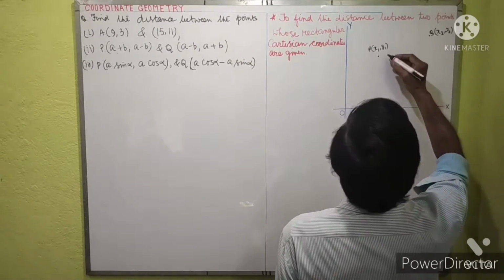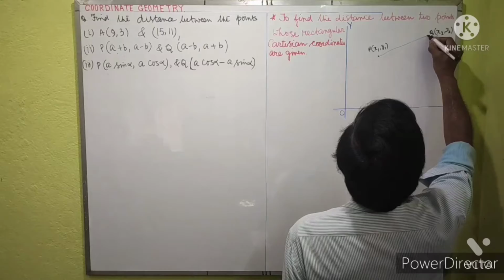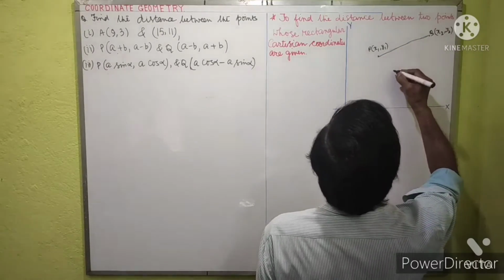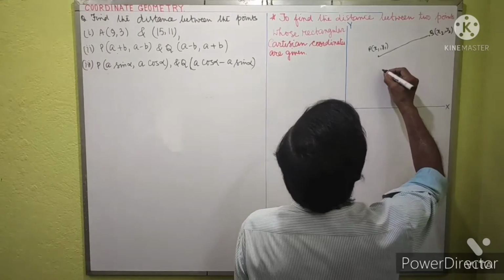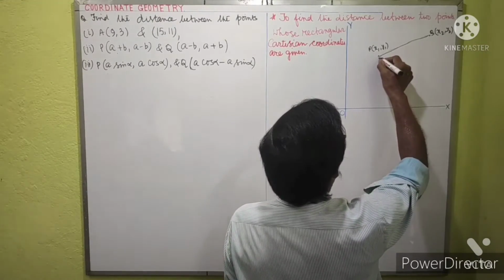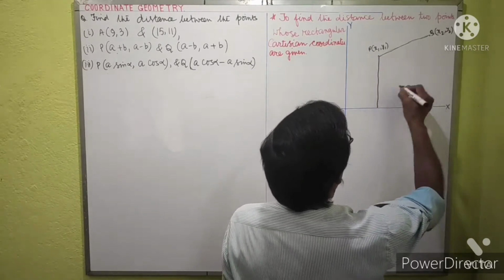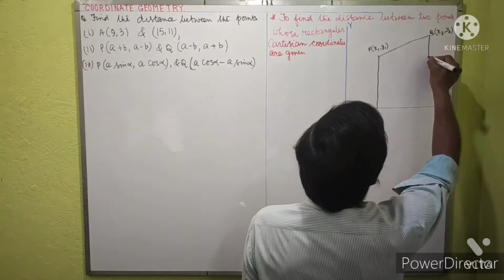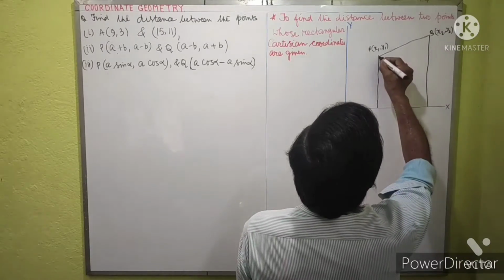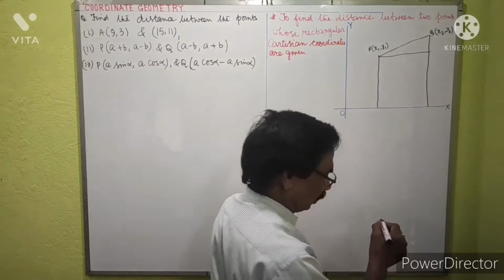We have to find out the distance between P and Q. What we will do at first, in the Cartesian plane we will draw perpendicular from this and from Q this. Also a perpendicular from here to there.